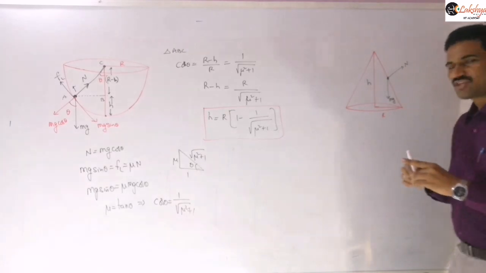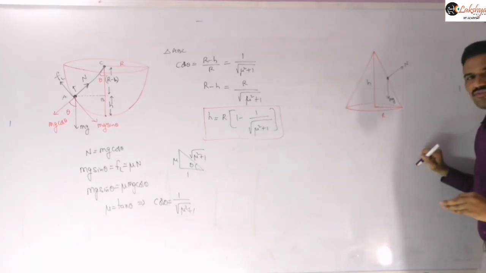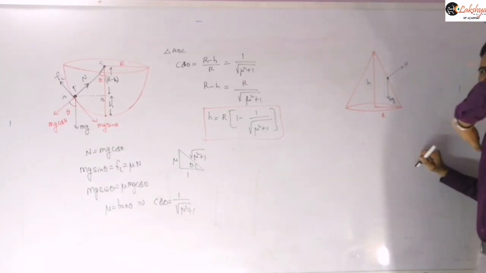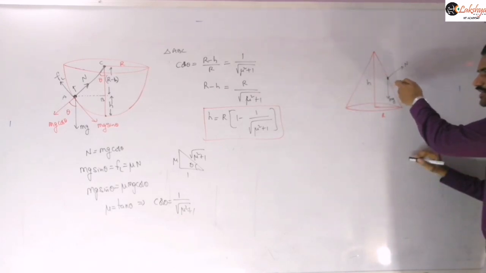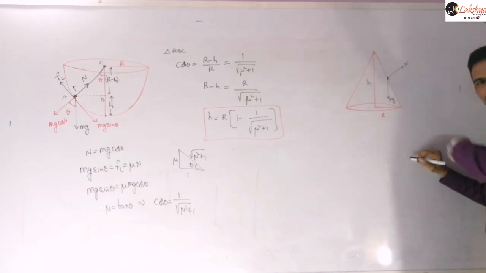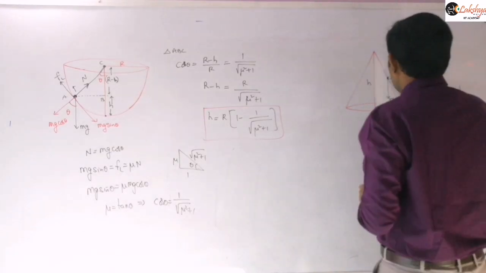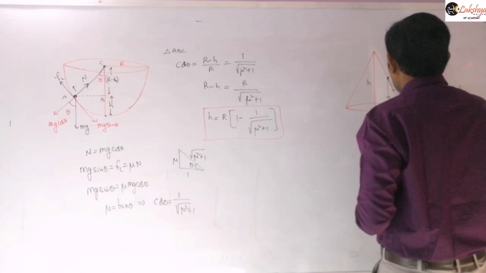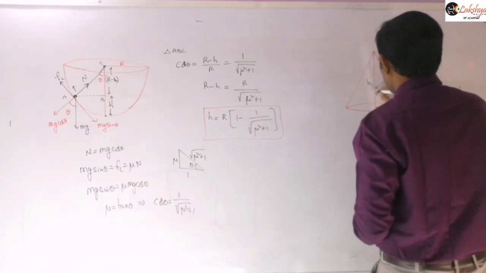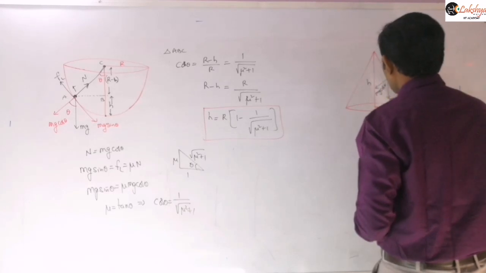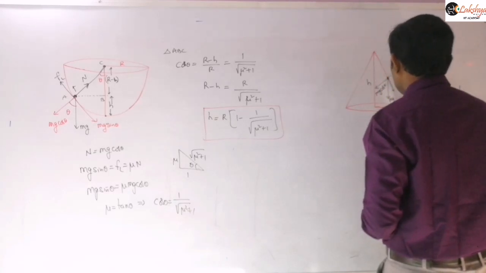Here also the frictional force will be up the inclined plane, that means up the surface of this cone here, right? Because here also this sand particle has a tendency to slip in the downward direction. Because of this, mg sin theta will be acting like this, and mg cos theta will be like this. I am taking this angle as theta again.